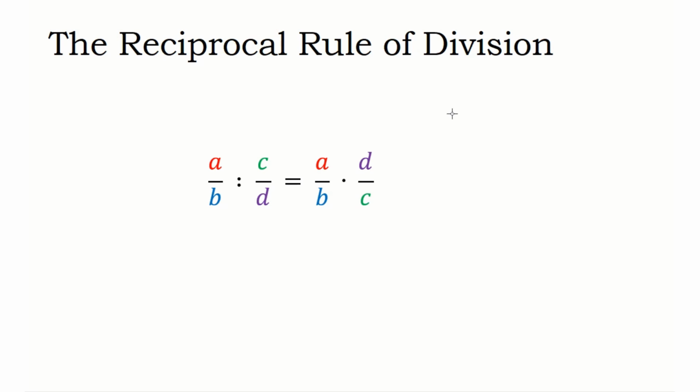So here is the logic of the reciprocal rule of division. This is the rule: if you have a division of these rational numbers here, you just take the reciprocal of this number, so you can turn it into multiplication.